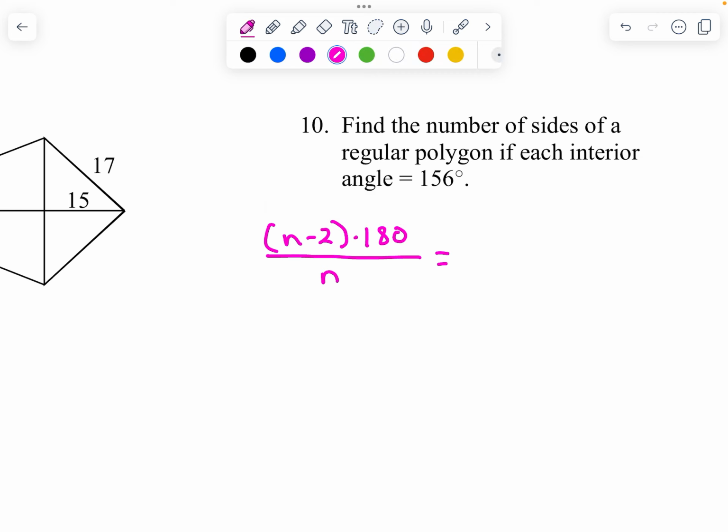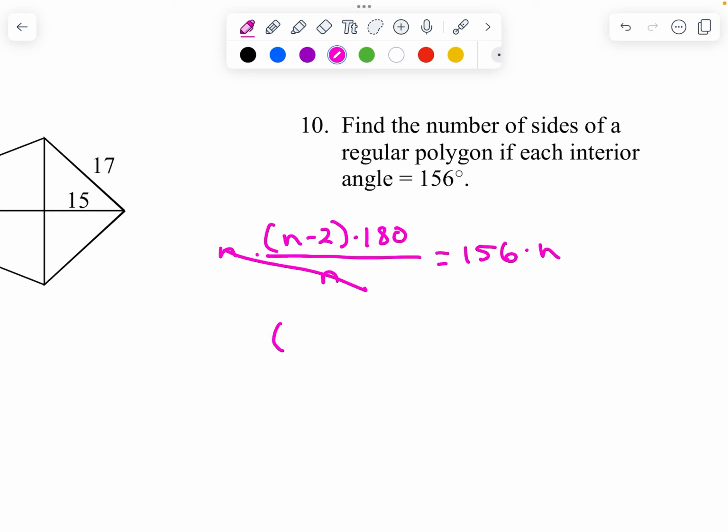So remember that this formula that's right here, the one that I wrote, n minus 2 times 180 divided by n, gives us just one interior angle of a regular polygon. So if my interior angle measure of one interior polygon is 156, we can just set this equal to 156. From here, remember, I don't like this divided by n, so the only way for me to get rid of it is to multiply by n.